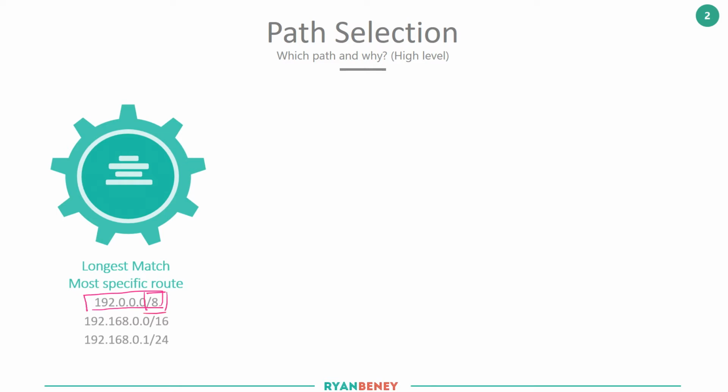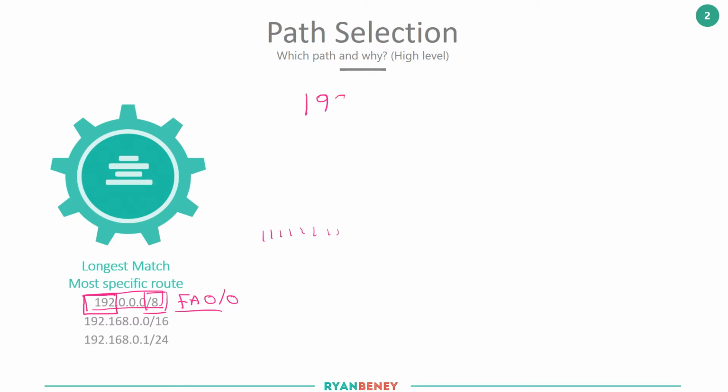The /8 tells us that the first 8 bits are turned on, which means that as long as it starts with 192, the last 3 octets we don't care about, and therefore we would send it out that way. So let's say this network was learnt out of FastEthernet 0/0.